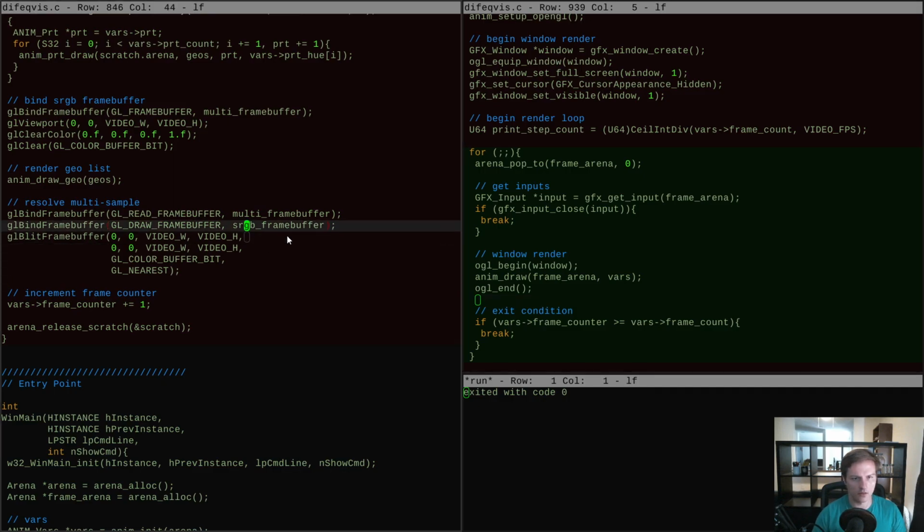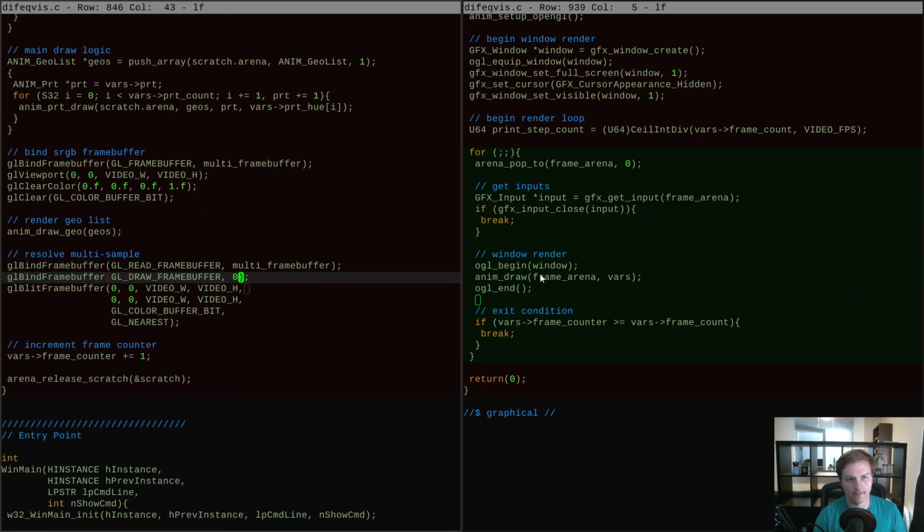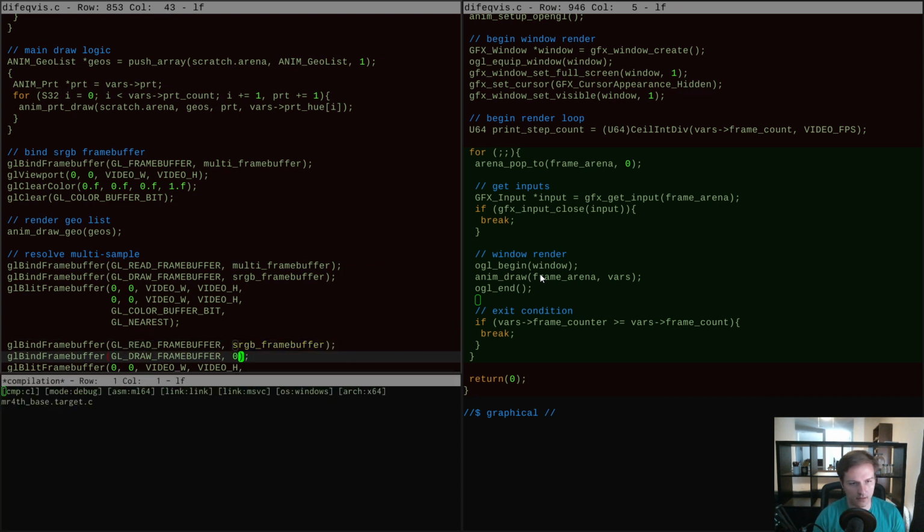And then 0 here. Okay, so that's close, except we're losing the sRGB resolve if I do it that way. Right, if I want the sRGB resolve, am I going to have to go twice? I mean, that's not the best way to do it, but that's the lazy way to get it done. Okay.